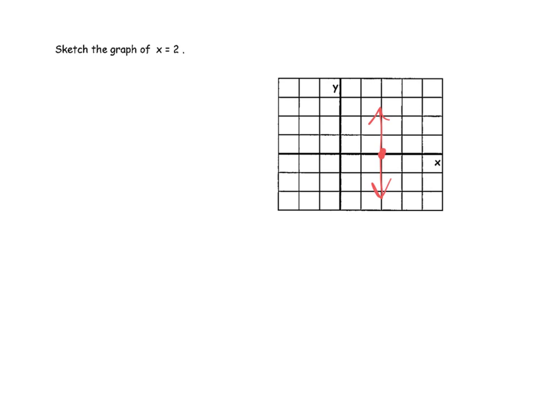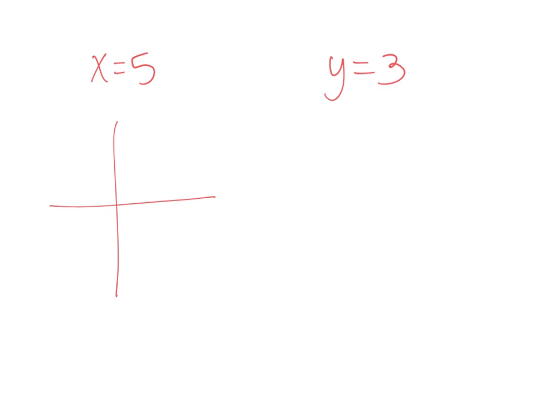Okay? Can we talk real quick about you knowing the difference? X equals 5 and y equals 3. Just watching. Please don't write these on your paper. Since this first one says x equals, everybody look at me, not working on the back side.